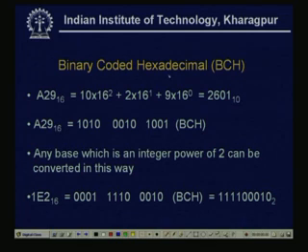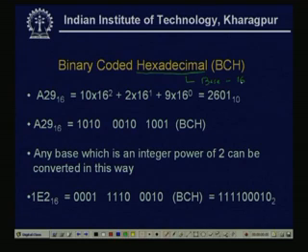In hexadecimal the base is 16, and the values from 10 to 15 are represented by 10 means A, 11 is B, and similarly 15 means F. So, 0 to 9 and A to F, these 16 digits are the symbols of the hexadecimal system. Already we have read this in the last class.